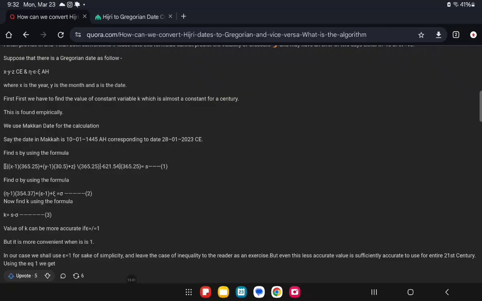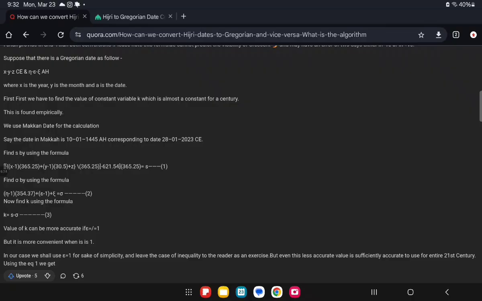Now we find that this was in curly braces, followed by a slash, which I'm guessing means that this entire thing is going to be divided by 365.25, and then we put a square bracket around here and here.